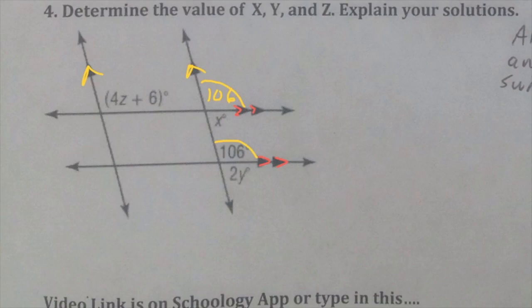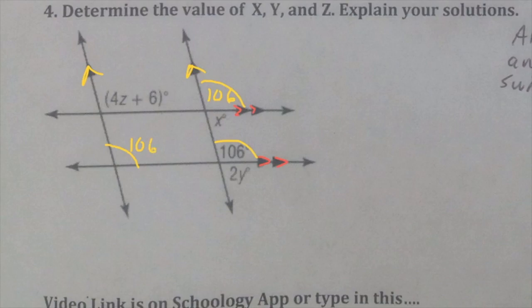Well, take another look at that picture. Is there any other angle that would be corresponding with this 106? Do you think you see it? Do you recognize it? Which one's corresponding to this 106? It would be this angle here as well. That would be worth 106.